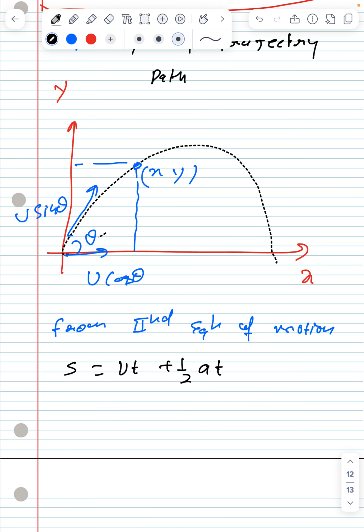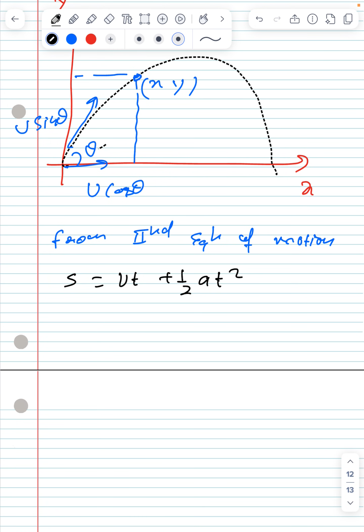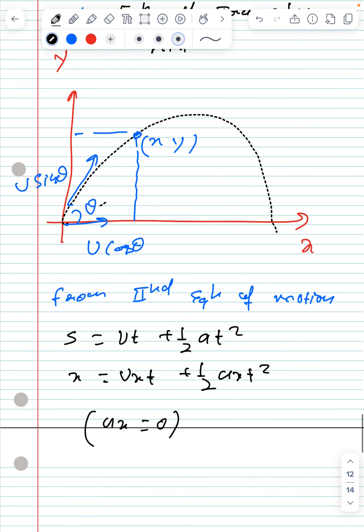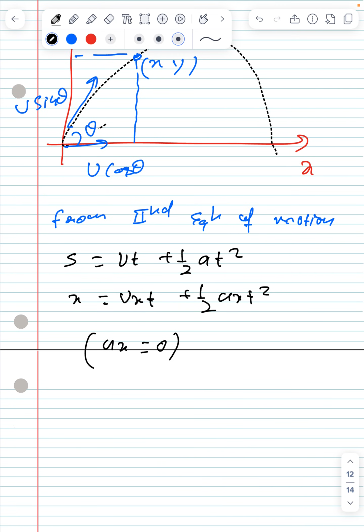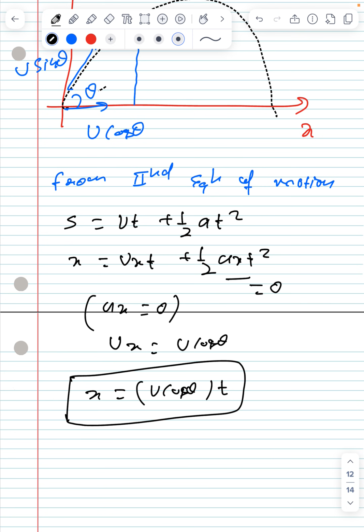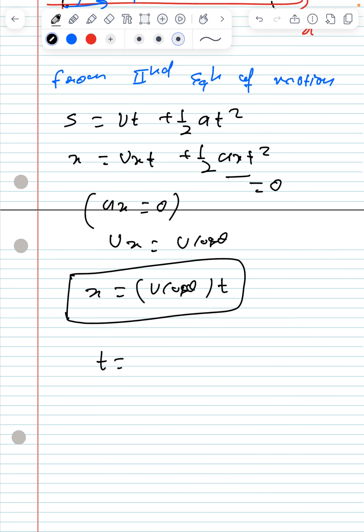This is the projectile velocity, the angle of projection is θ, with components u cos θ and u sin θ. From the second equation of motion, s = ut + 1/2 at², converted along the x axis: x = uₓt + 1/2 aₓt². Put values here: aₓ = 0 because no external force acts here, so the acceleration along the horizontal direction is 0 and there is no change in the velocity of the horizontal component, right?